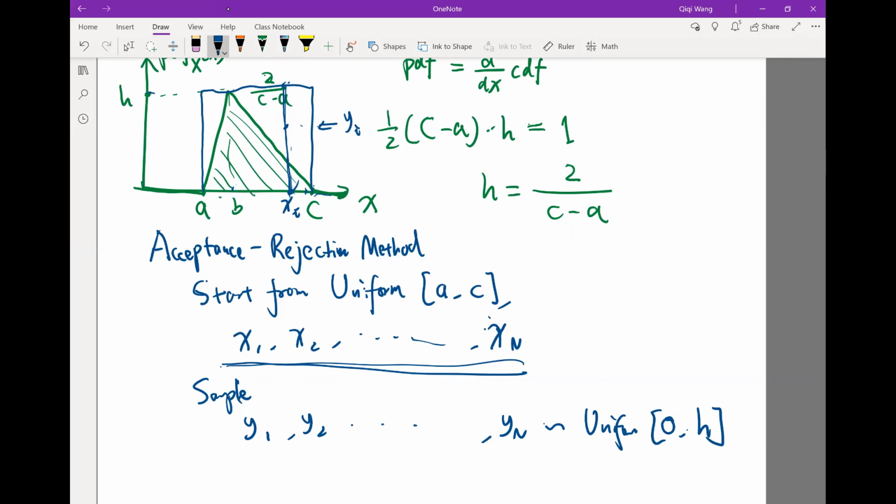And the idea is that if the sampled y lies above the PDF of the desired distribution, I would reject that x.